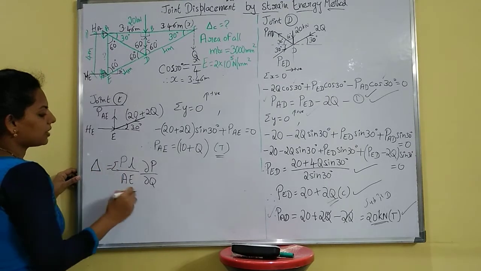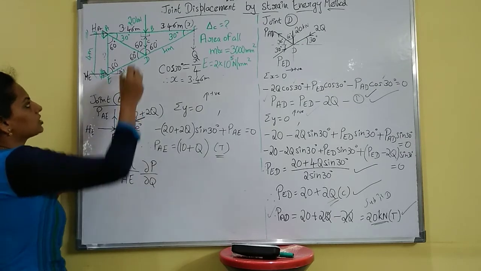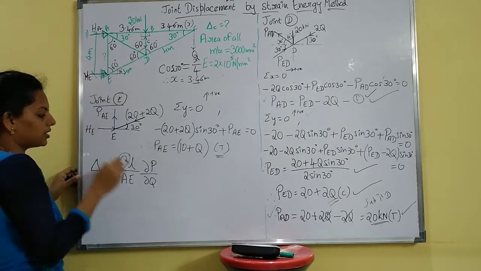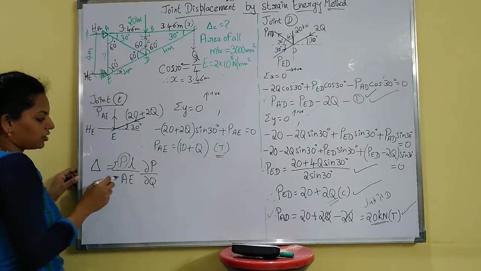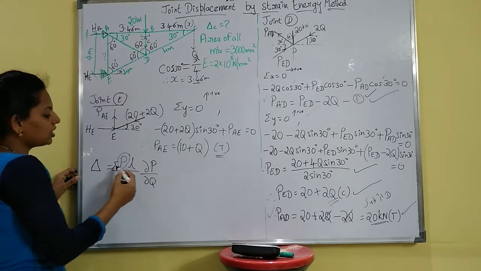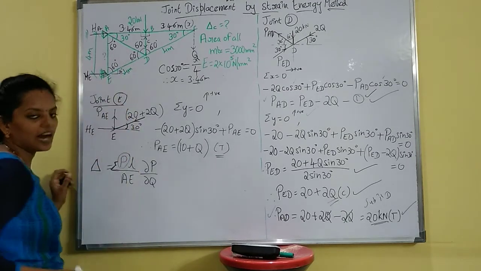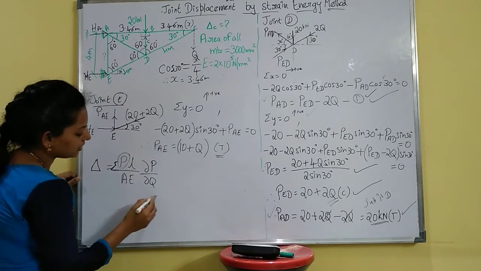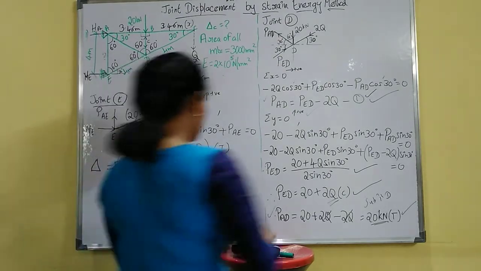This P value you have to consider for all the members. For each member you have to find out the displacement, so the summation will be the total displacement. You have to add all of this. So for simplicity, first do the tabulation, then you can find out.